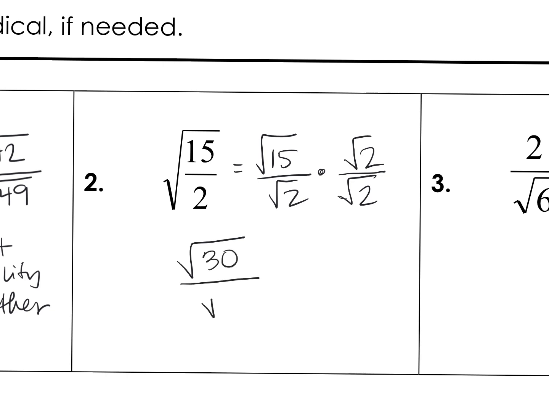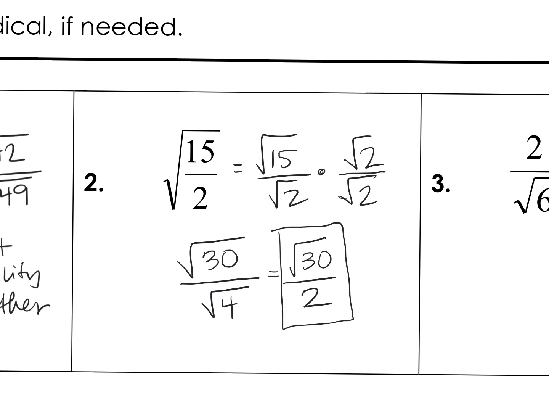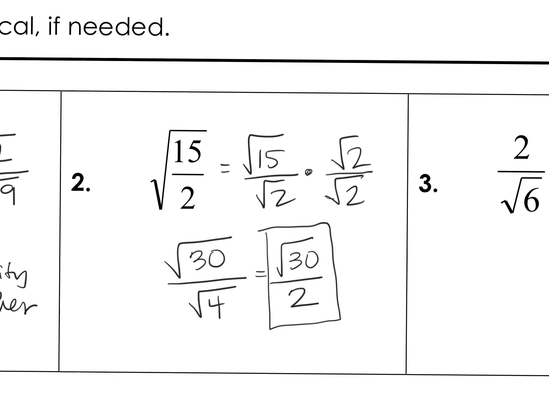Root 2 times root 2 is root 4. And so that's going to be root 30 over 2. And I'm thinking about, can I simplify root 30? Well, root 30 is 15 times 2, and neither one of those have perfect squares that are factors. And so then I'm done. And just like number 1, I cannot reduce that any further. I cannot divide by 2.